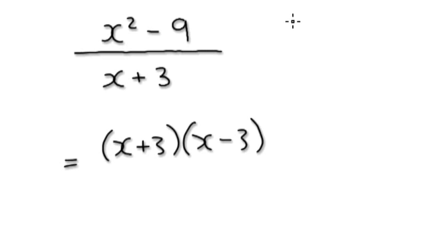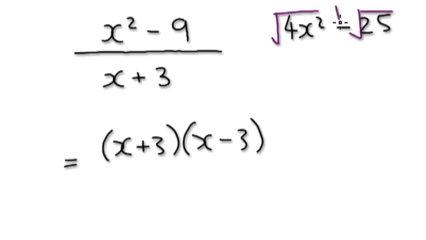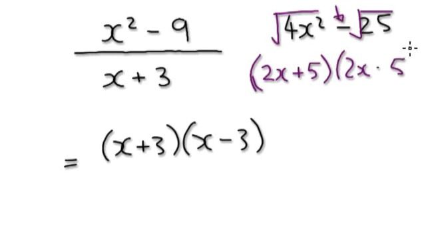Okay, if I give you something like 4x squared minus 25, I know I can easily square root this. I can easily square root this. There's a minus in between. So I know that it will be 2x, because 2x times 2x will give me 4x squared. And then I can just easily jump to this, plus 5, and then 2x minus 5.